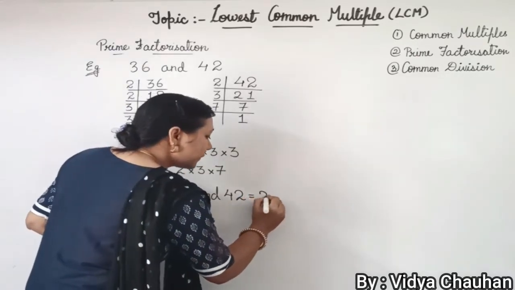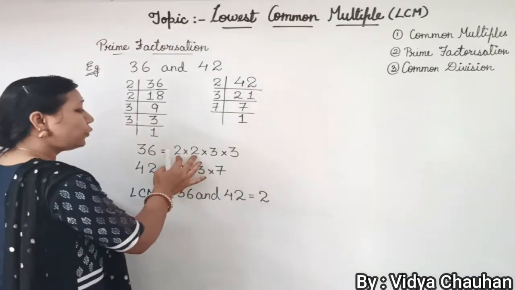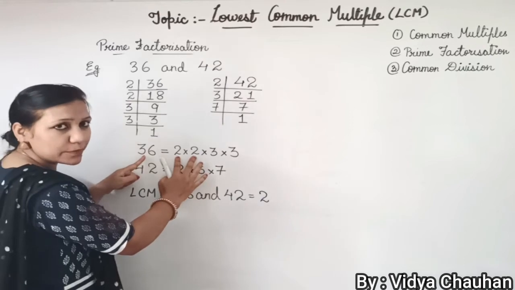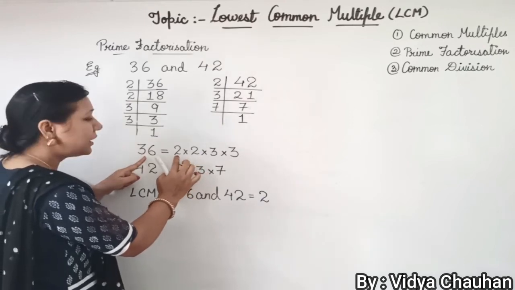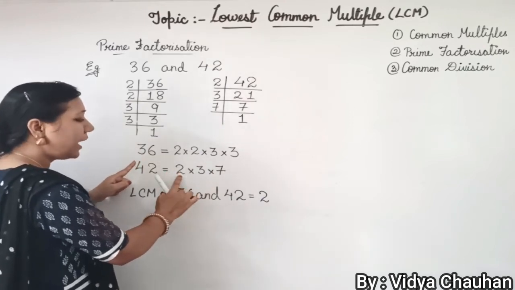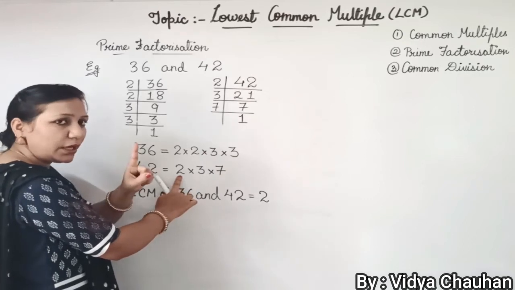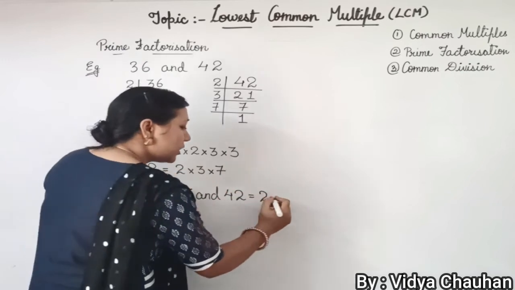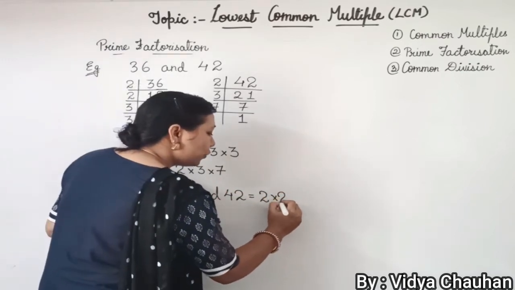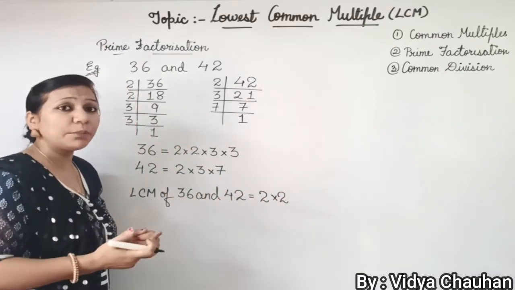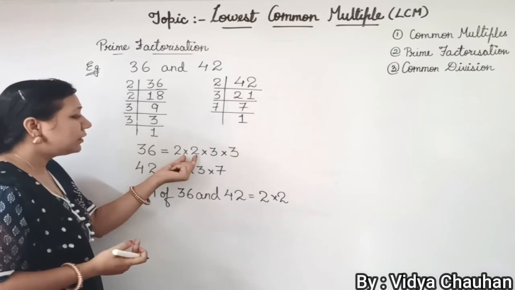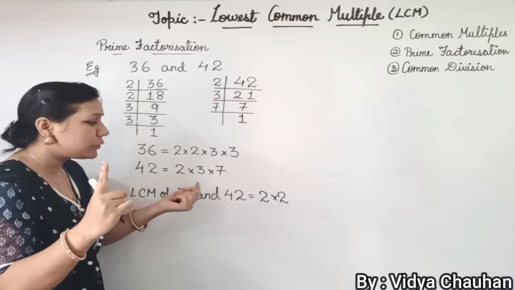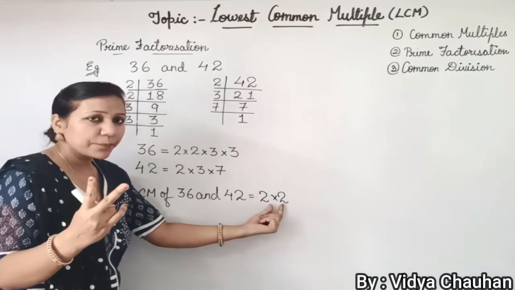Now, how many times is 2 repeated in the factors of 36? 2 times. In 42 it is only coming 1 time. We will write the maximum number of times it is coming, so I will write 2 two times.